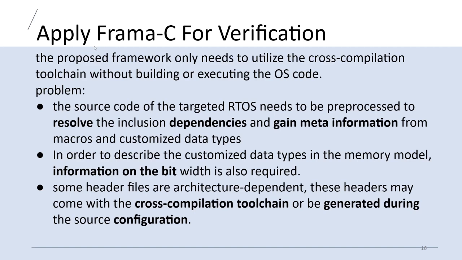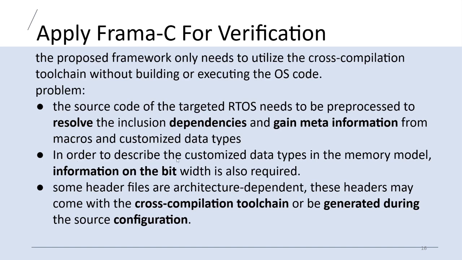And the proposed framework only needs to authorize the cross-compilation toolchain without building or executing the OS code. But the problem is the source code of the target real-time operating system needs to be pre-processed to resolve the inclusion dependencies and gain meta information from macros and customized data types.